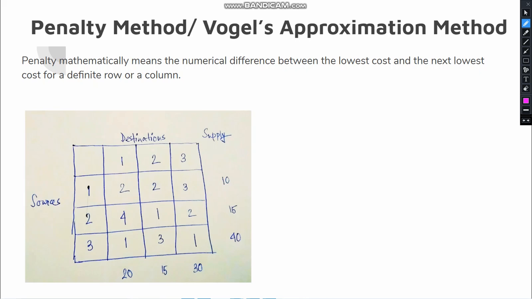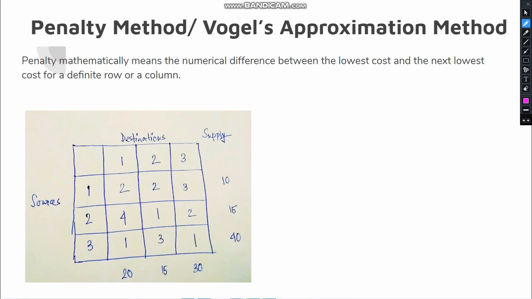In a balanced transportation problem, you can find the initial basic feasible solution by three methods: northwest corner rule, matrix Minima method, and VAM method, or the penalty method. My suggestion is to use VAM method whenever you're trying to find the initial basic feasible solution.